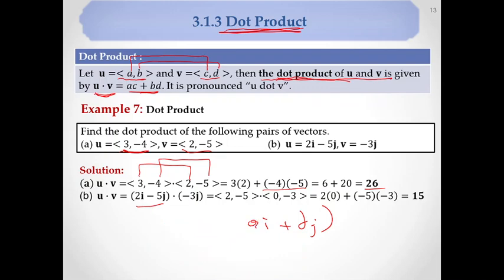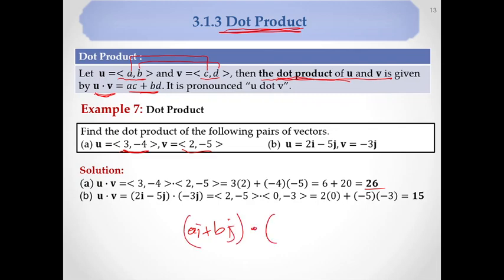One other thing I want to say is this is i, this is j. When you take the dot product, you multiply these. I forgot to tell you this one.